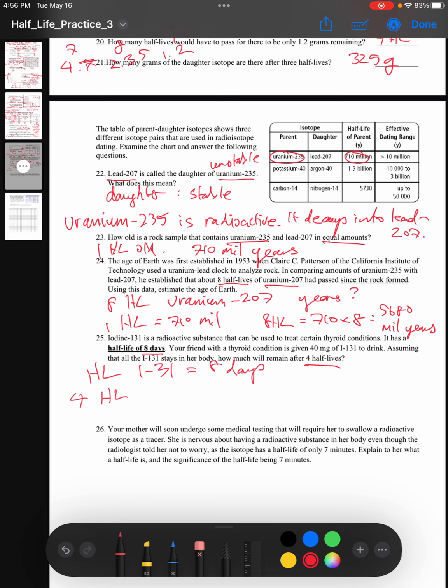So if there's 40 milligrams in the beginning, let's do amount and half-lives. After 1 half-life, there will be 20 milligrams. After 2 half-lives, there will be 10 milligrams. After 3 half-lives, there will be 5 milligrams. After 4 half-lives, there will be 2.5 milligrams.